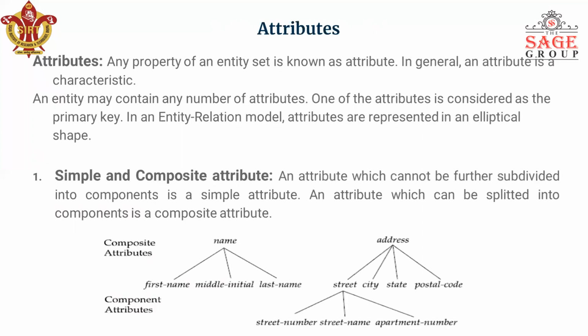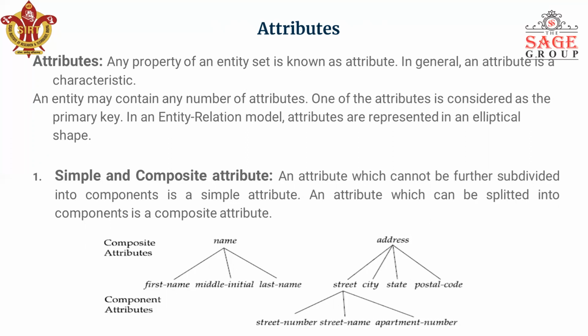First, we are going to discuss what is simple and composite attribute. An attribute which cannot be further subdivided into new components or subcomponents is known as a simple attribute. Means the attribute which cannot be further subdivided is a simple attribute, and the attribute which can be split into components is known as a composite attribute. For example, name can be considered a composite attribute.